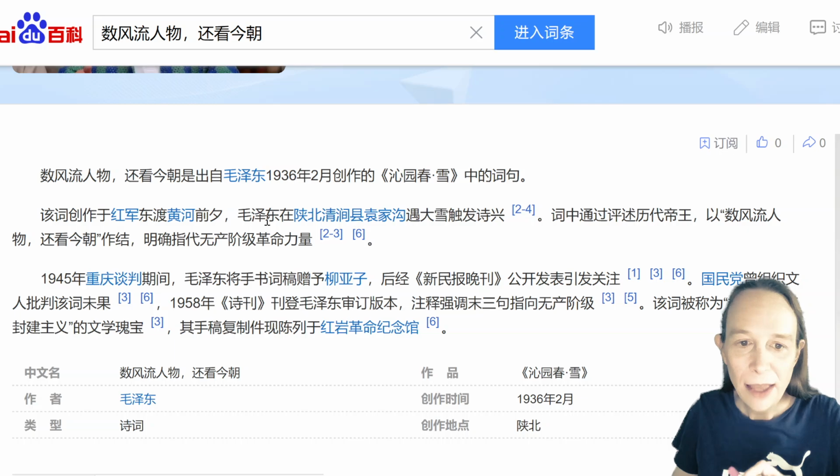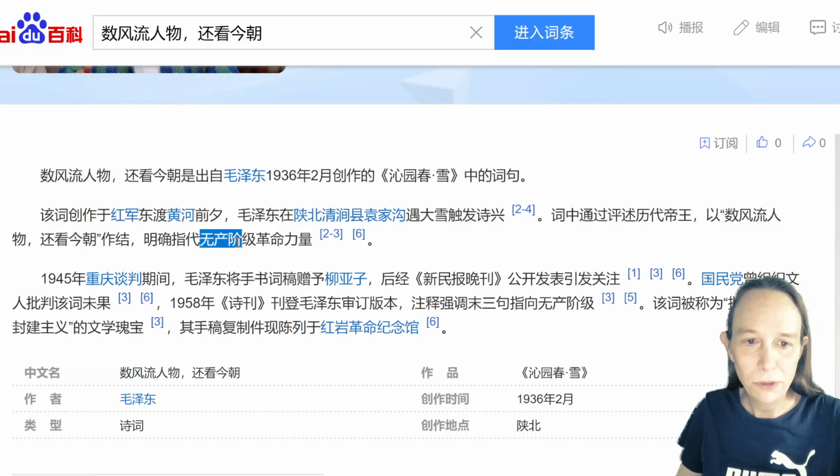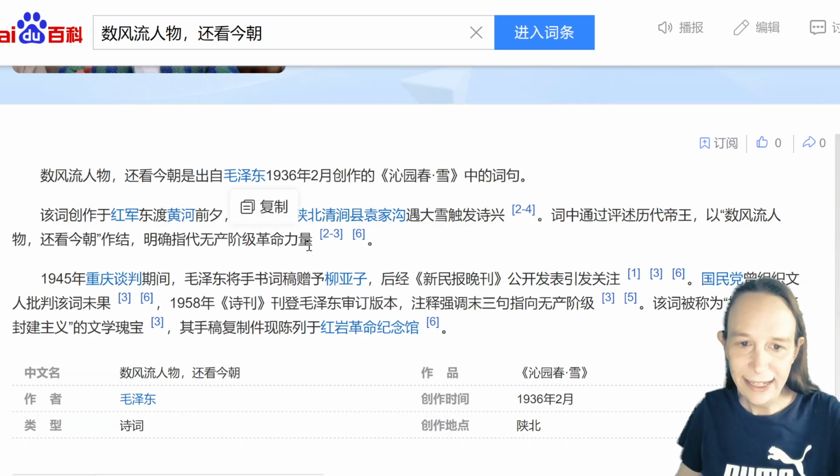I don't know. 毛泽东在陕北清涧县袁家沟豫大学出发实行词中通过评述经历帝王以数风流人物还看今朝作结明确绝代无产阶层革命力量.